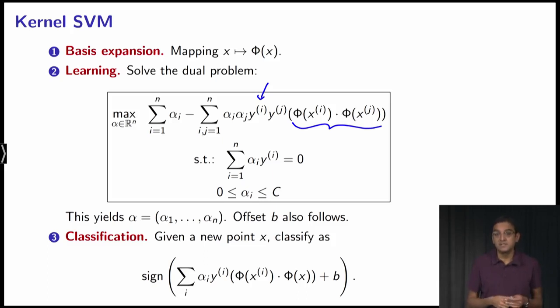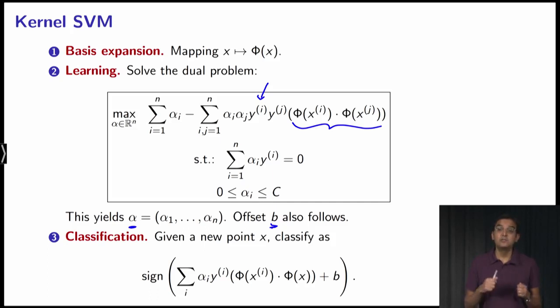Luckily, we've seen that this can be computed efficiently. So we compute all this information, we hand it over to the optimization package, and we get back a vector alpha and an offset b. Now alpha has got n coordinates, 1 per data point. Last time we talked about what this alpha is.